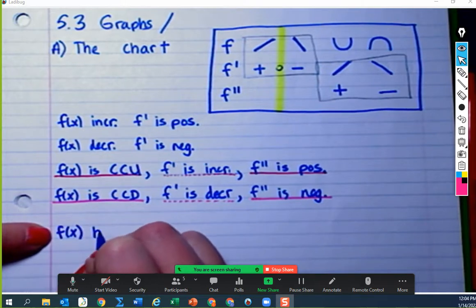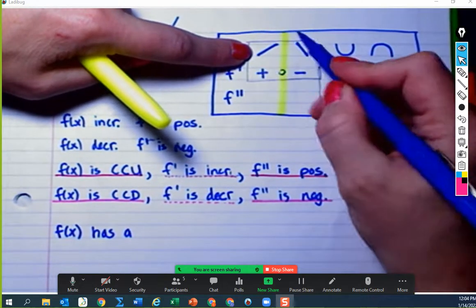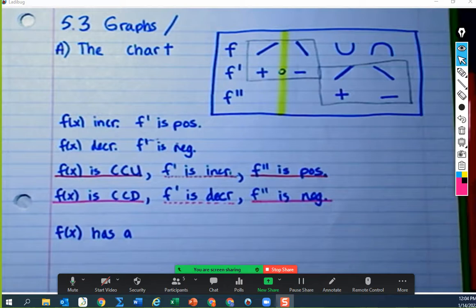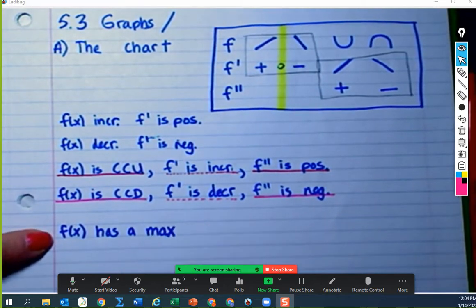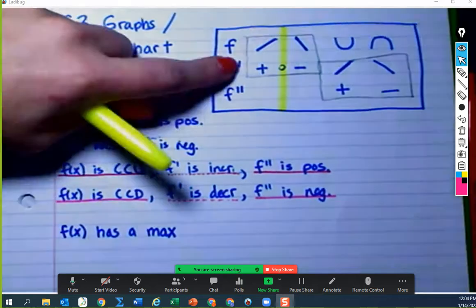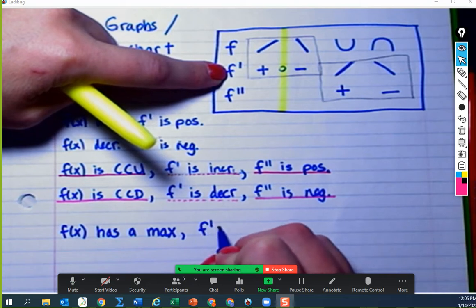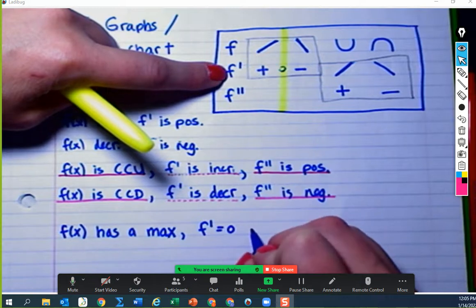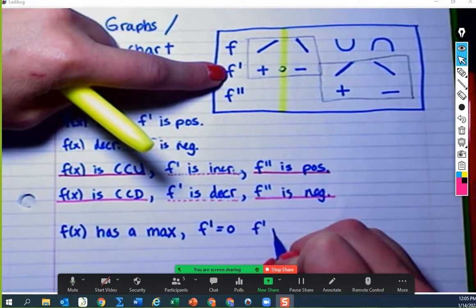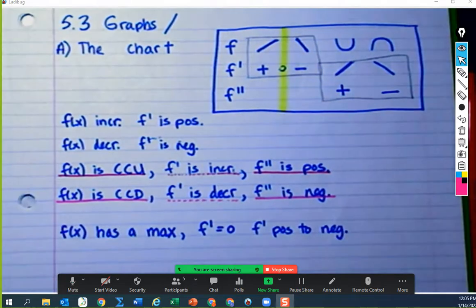F of x has a what? A maximum, right? It looks like a maximum, a top of a point. Okay, has a max because what happens? Okay, F prime is 0 and F prime goes from positive to negative because it's in between, so it's changing.